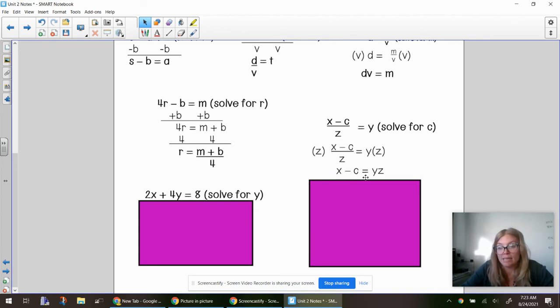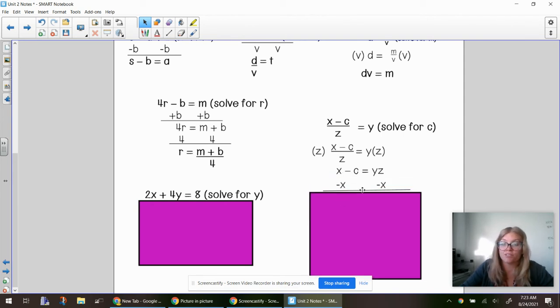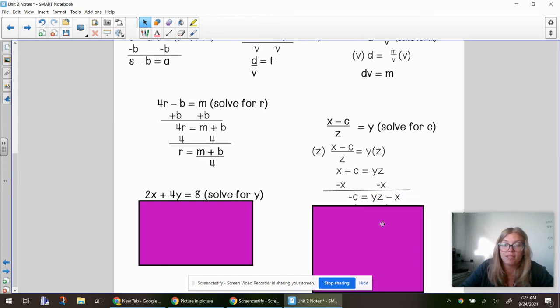I'm trying to get c by itself, so I need to undo this x first. I know we see subtraction here, but this is a positive x. So I'm actually going to subtract x from both sides of my equal sign, which gives me negative c equals yz minus x. I'm still trying to get c all by itself, fully isolate it, and there's a negative sign here.